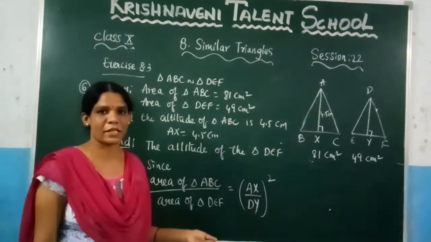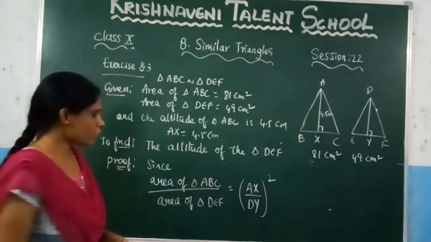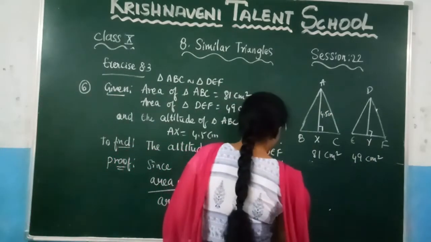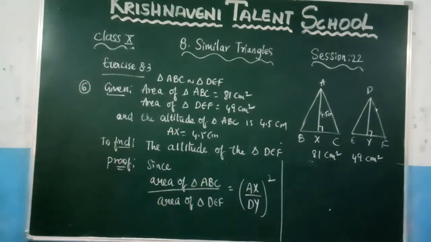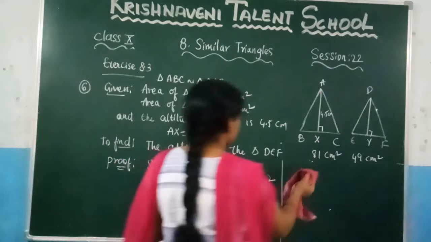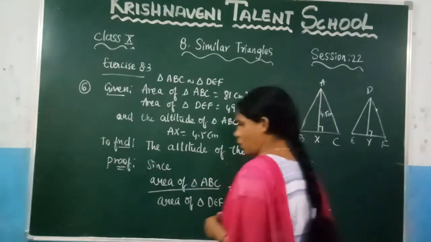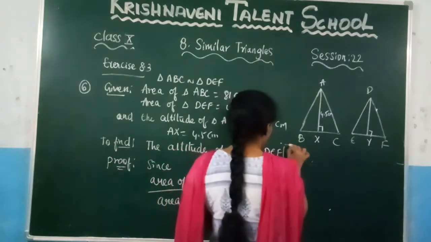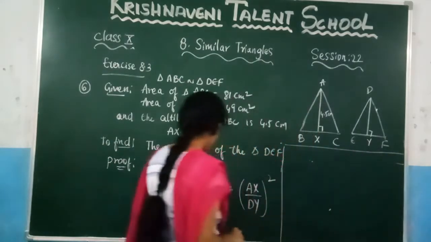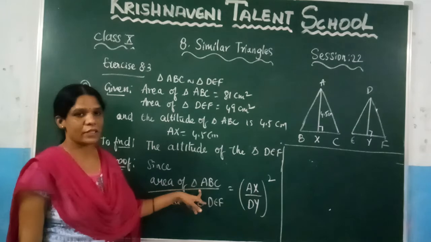Now let us substitute what is given in the question. Okay, now you know the area of triangle ABC.